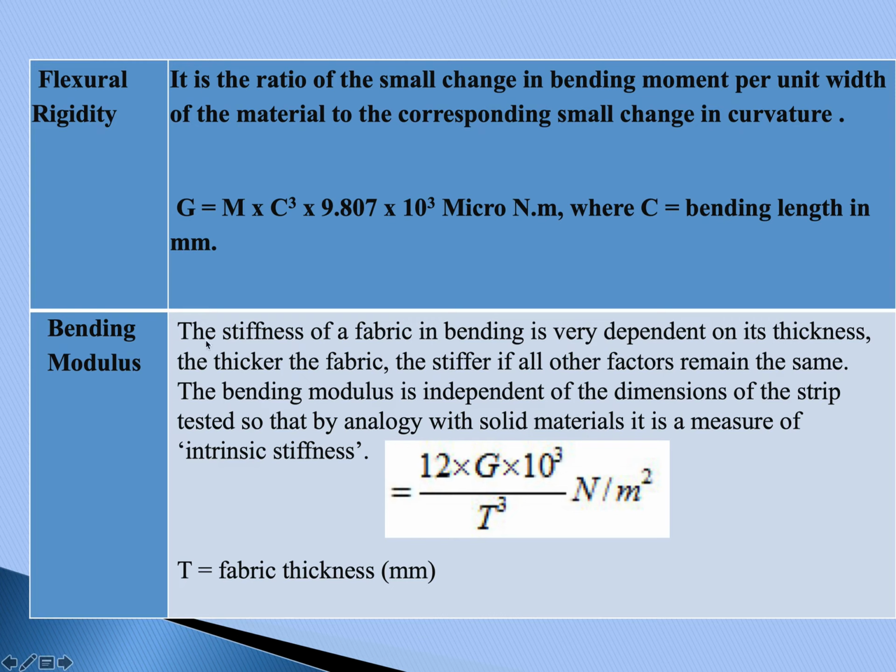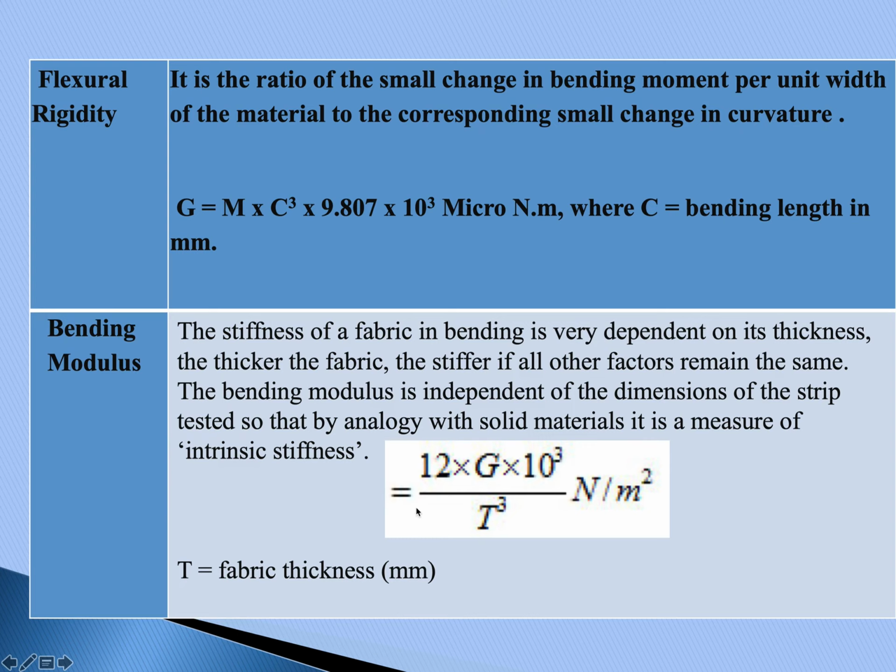So the fabric with higher thickness will show higher stiffness and higher bending modulus, because it is a property that is dependent on the fabric thickness. So the bending modulus is independent of dimensions of the strips. It is not affected by the dimensions of the strip. However, it depends on the material thickness. It is tested so that by analogy with solid materials, it is a measure of intrinsic stiffness of that material.